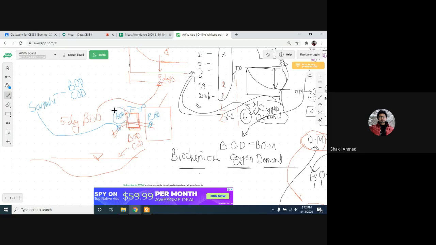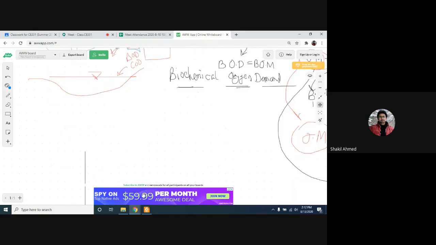And also you check the standard. Bangladesh Environmental Conservation Rule has a guideline that limits how much BOD industries can discharge in the water. Okay, is it clear?